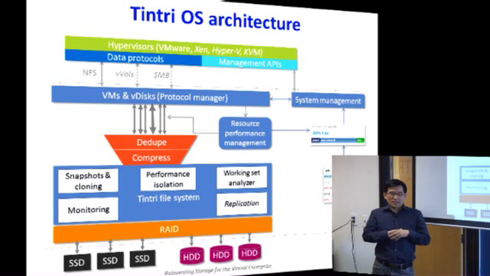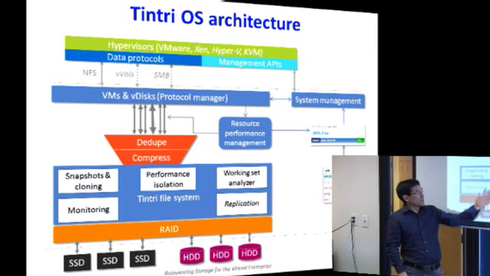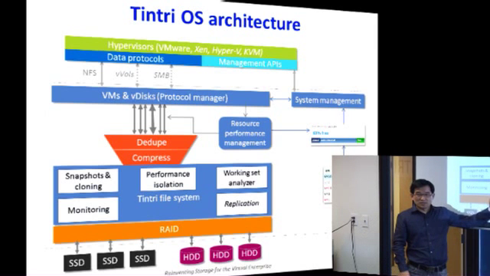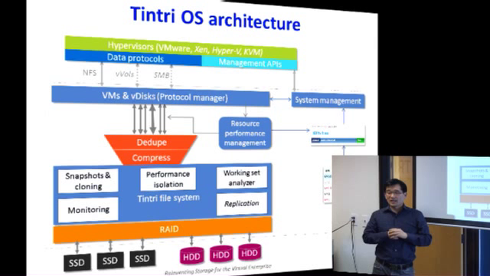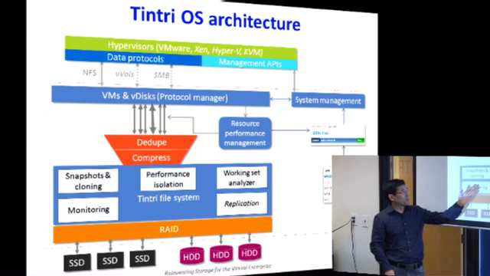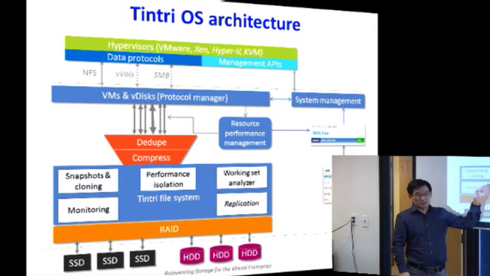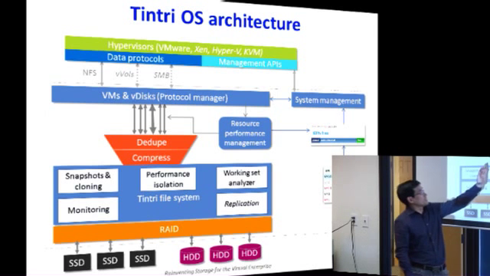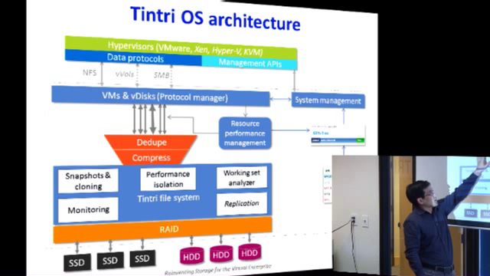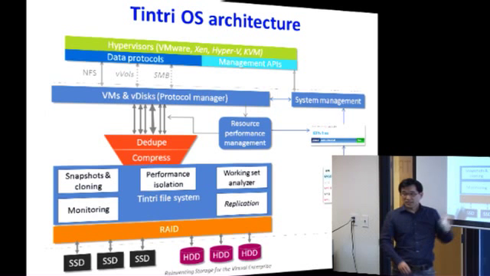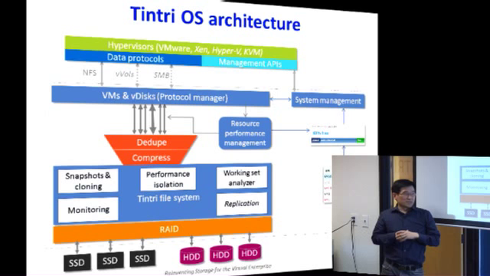So what we're doing at Tintri is building in those data highway lanes or preferential access lanes so that different classes of traffic, like different virtual machines or virtual disks, can get different levels of service in the system. And we're building that as a fundamental part of the Tintri architecture or file system. Right. So once it gets assigned to lanes, then it goes through the dedupe and compression engines that we just discussed earlier.